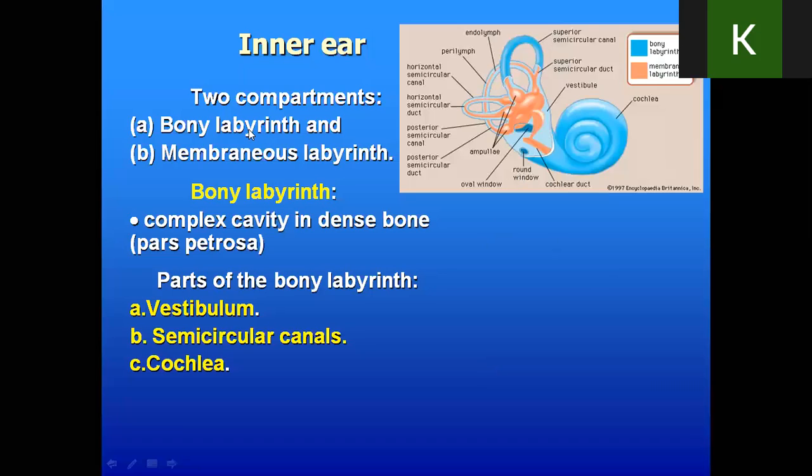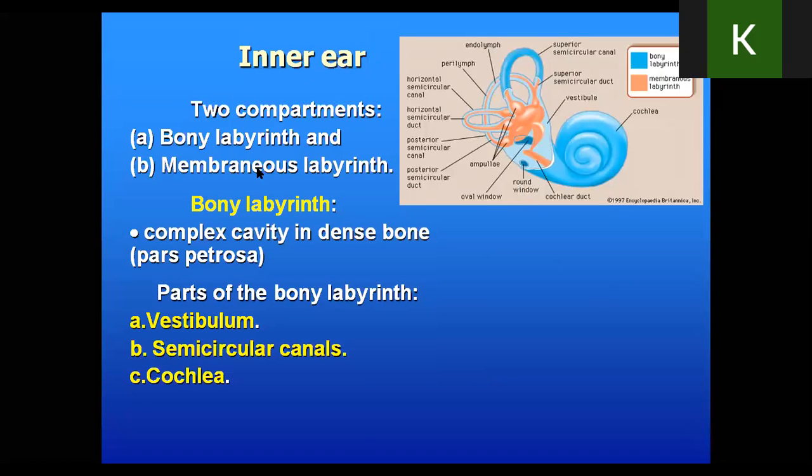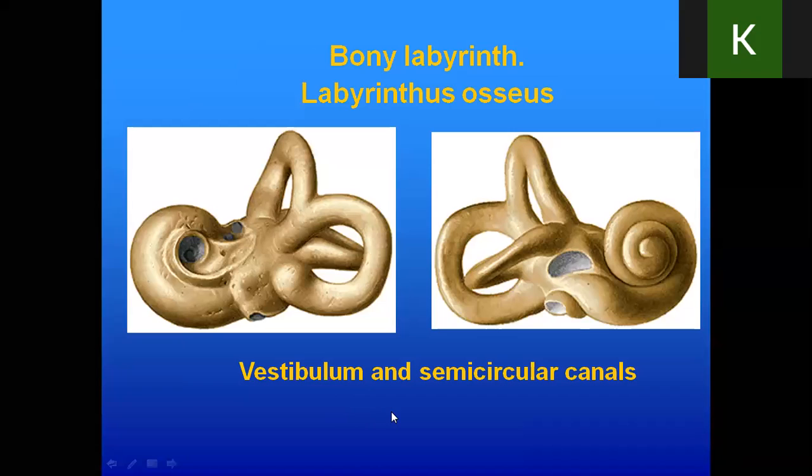Labyrinth is in 2 parts, bone and membrane. Bony labyrinth is a complex cavity in dense bone, and the parts of the bony labyrinth are vestibule, semicircular canals, and cochlea. Here you can see the bony labyrinth made up of bones, and these semicircular canals you can see here.